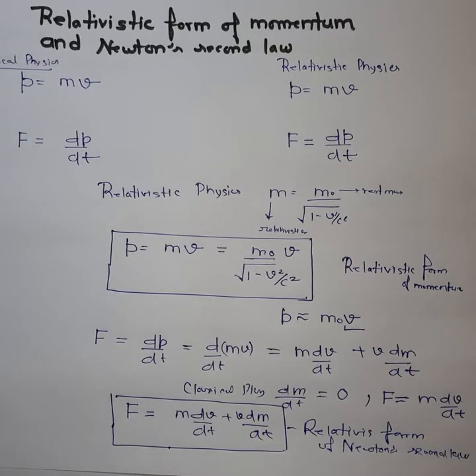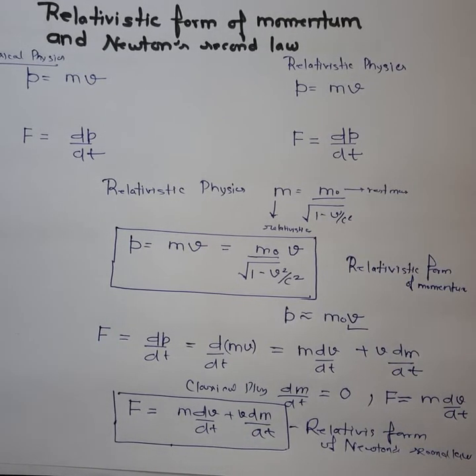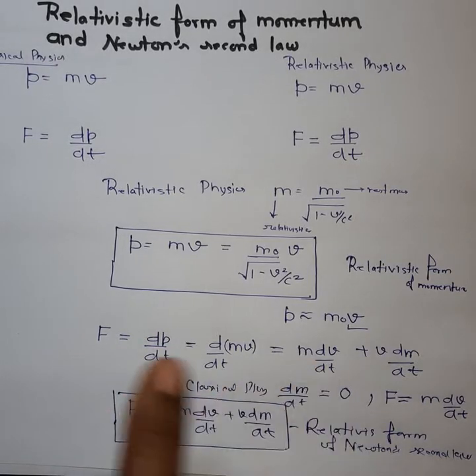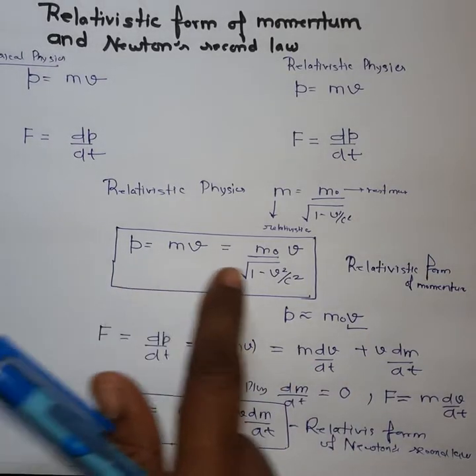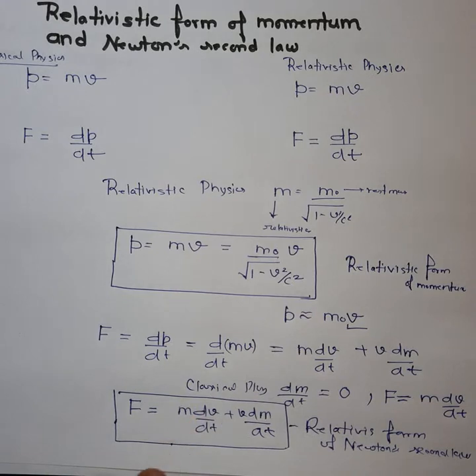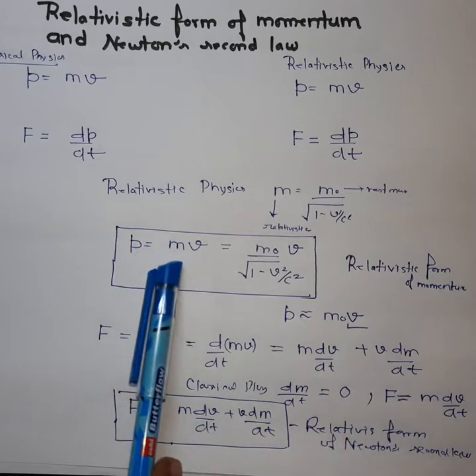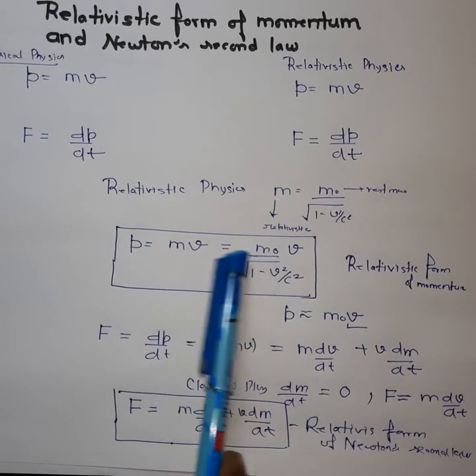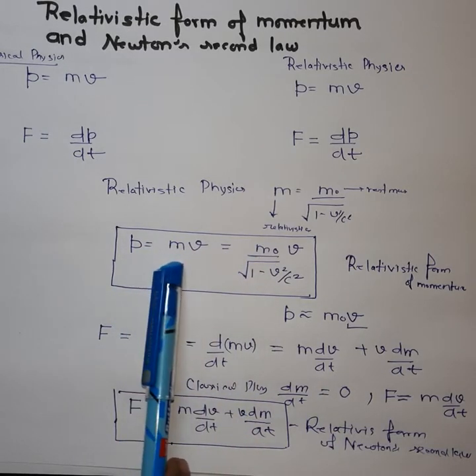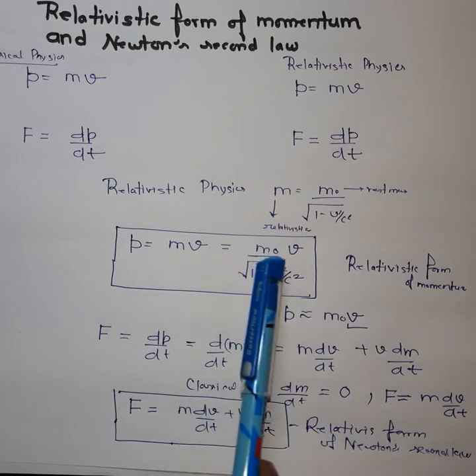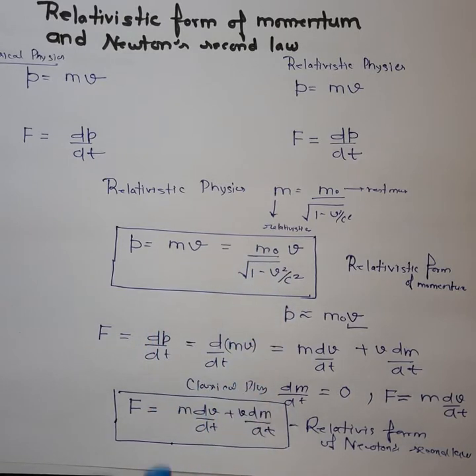Now it's very clear to you that relativistic momentum will be given by this expression and relativistic force will be given by this expression. What is the difference? In the previous case, m was equal to m naught, but in the relativistic case, m is not equal to m naught, but depends upon velocity also.